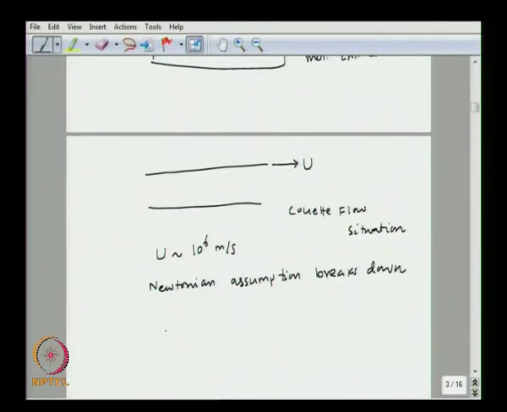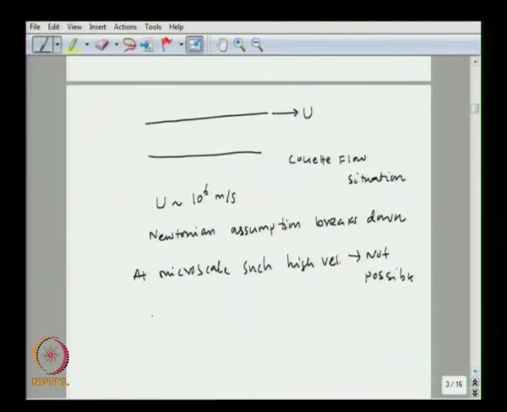At micro scale such high velocity is not possible. So, the conclusion is that micro scale flow is continuous.